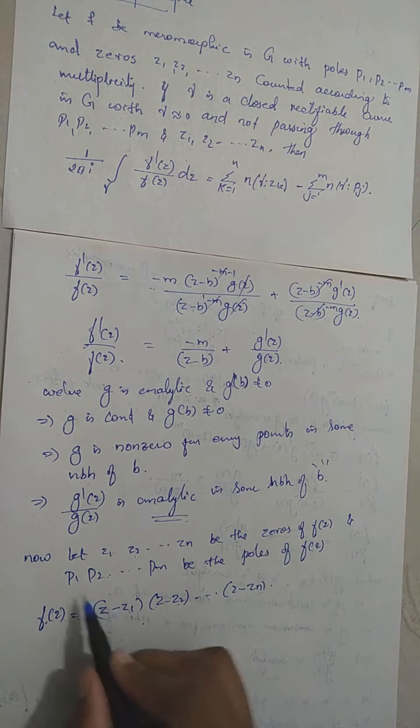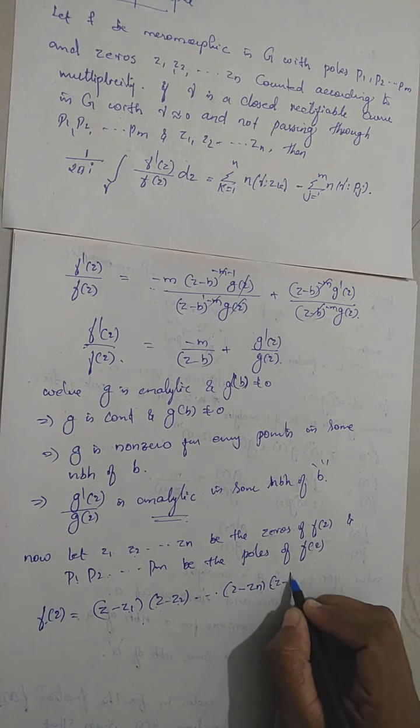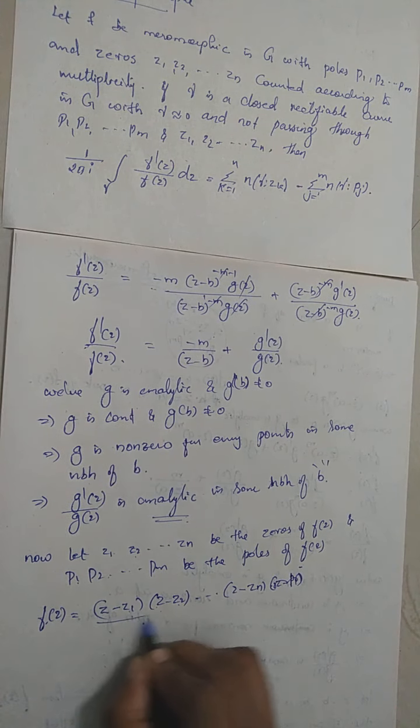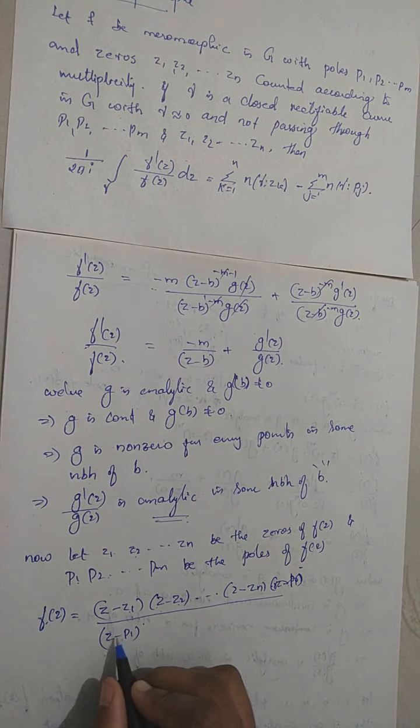And we have p1 is a pole. When p1 is a pole, z minus p1 raised to minus 1, or I can write 1 divided by z minus p1, is a pole, therefore it must be in the denominator.